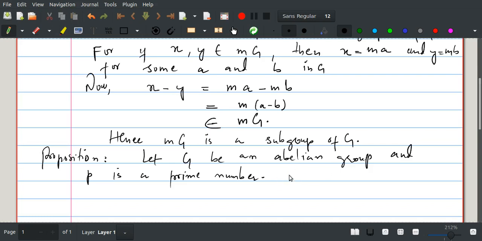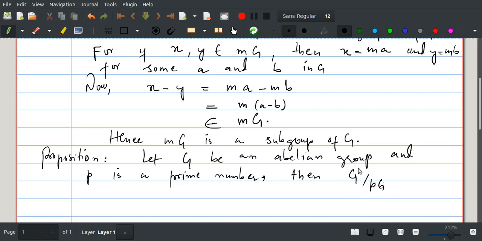Then we have to prove that G mod PG, note that this PG is a subgroup of G, hence a normal subgroup of G, as we have already proved MG is a subgroup of G.